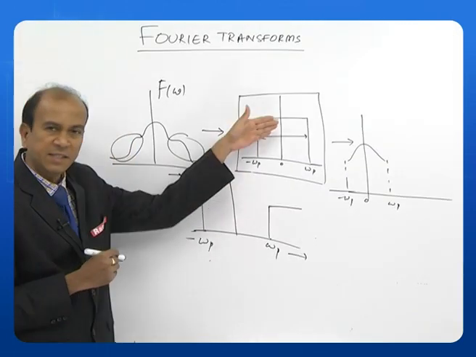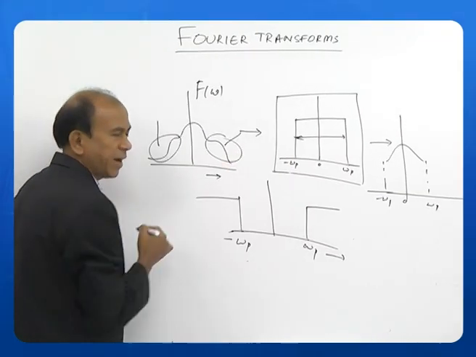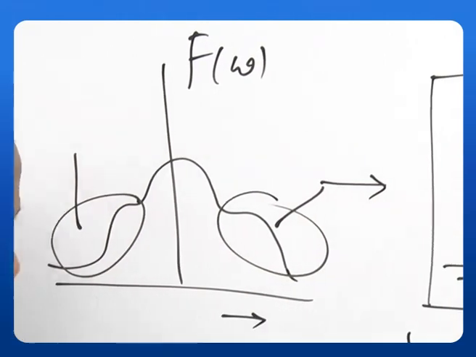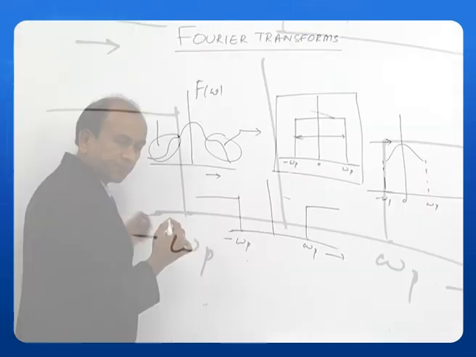So, now when this is the filter, what will happen? Earlier this component was eliminated; now it will appear in the output of the system because here this is removed.